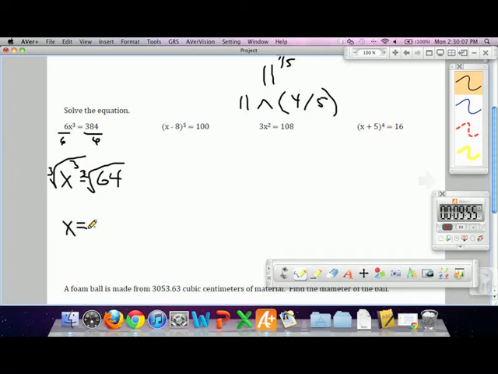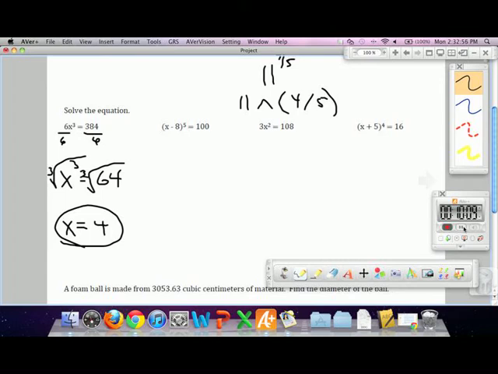So if I need to solve, say, x minus 8 to the 5th power equals 100, get what's being raised to an nth power by itself. This what's being raised to the nth power is x minus 8.